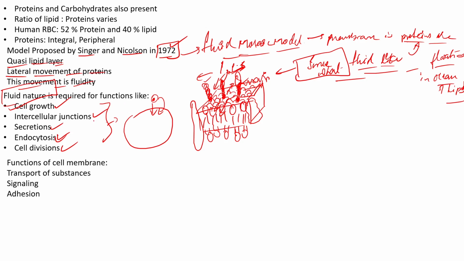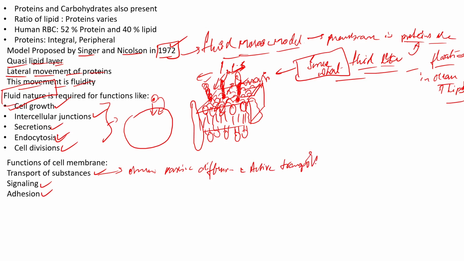So let us look into the functions of the cell membrane. It is mainly involved in the transport of substances, in signaling, and in adhesion. Transport of substances includes osmosis, passive diffusion, and also active transport.